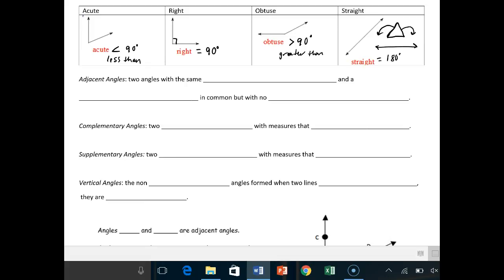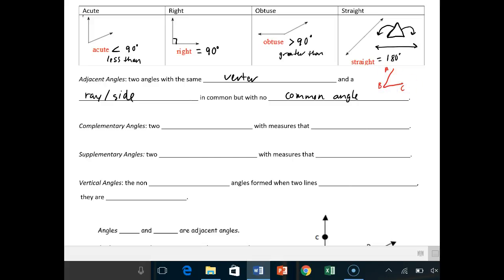We also have some other vocab words to go over. Adjacent angles are two angles that have the same vertex, the same common point, and a ray or side in common, but with no common angles. All right, so they each have their own angles. So I can draw you an example of this. Say I had this angle, we'll call this angle ABC.